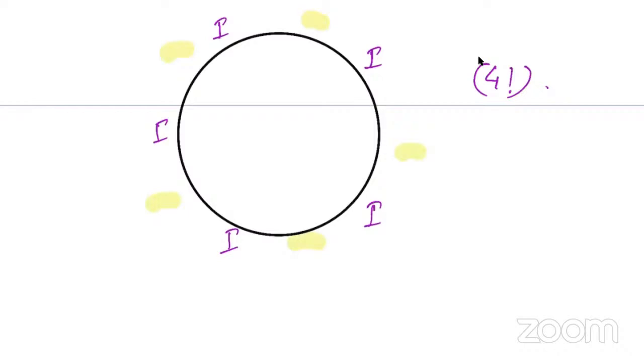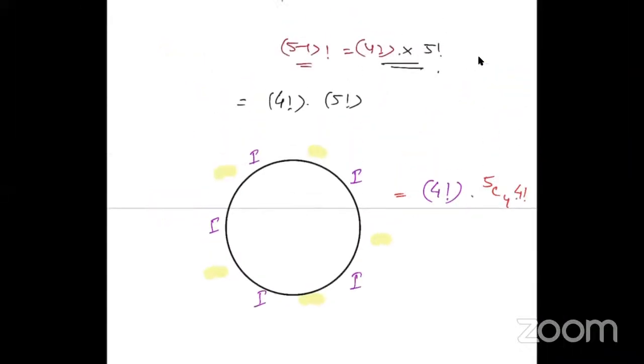One, they have used a circle. So second time, it must not be a circle. So out of 5, we have to select 4 positions for Australians, and in those 4 positions, they can sit in factorial 4 ways, right? Factorial 4 into 5C4 into factorial 4, right? This is for the fourth one.